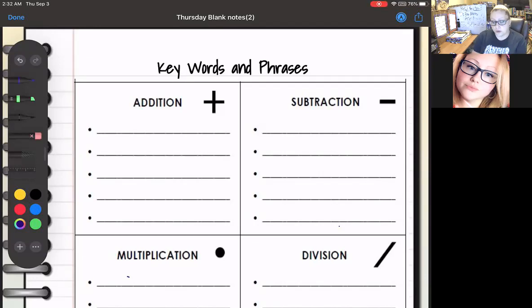So some other words that mean addition or plus are the words some, total, plus, which is my favorite, ooh, they like to say this one, increased by.